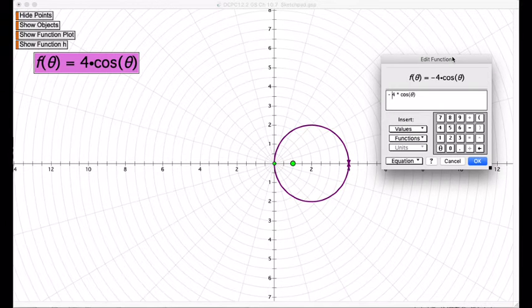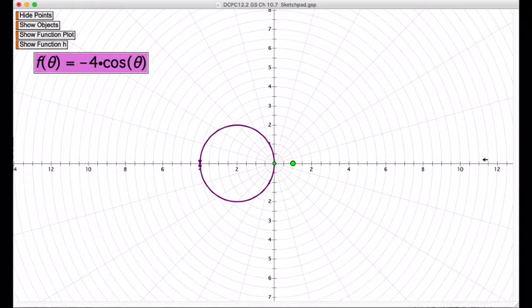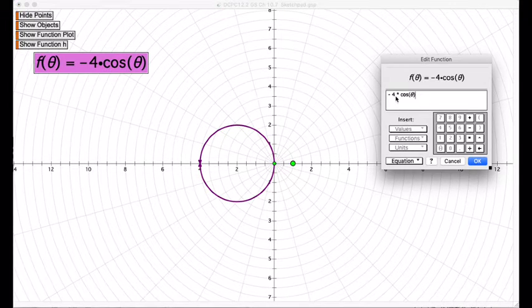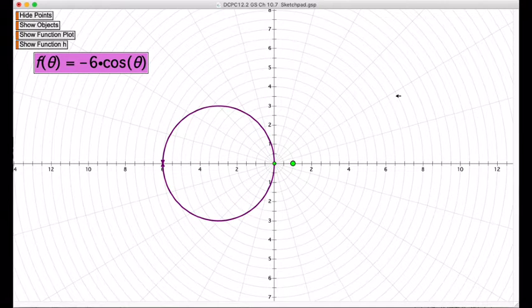If I go in the opposite direction, this should, if the theory works out, go towards the 180-degree angle, or straight off to the left, which it does. And if I were to change it to -6, we now have a -6 petal length. So that first value changes how long our petals are.